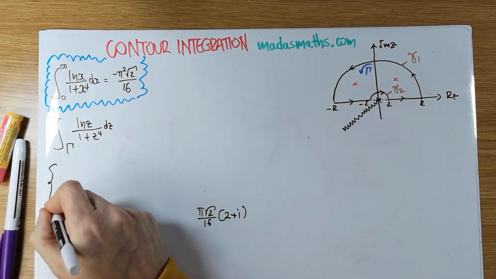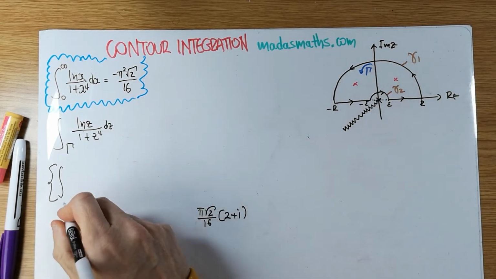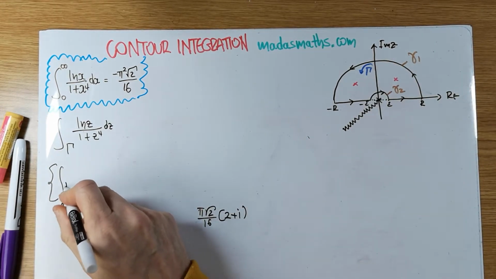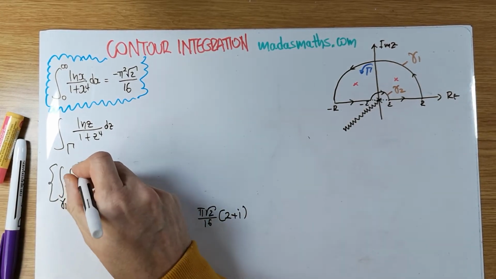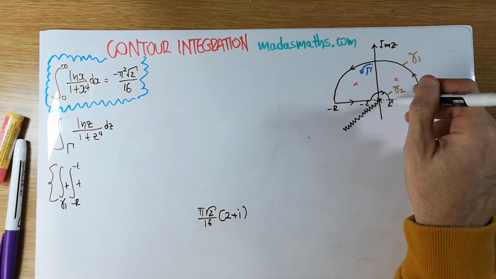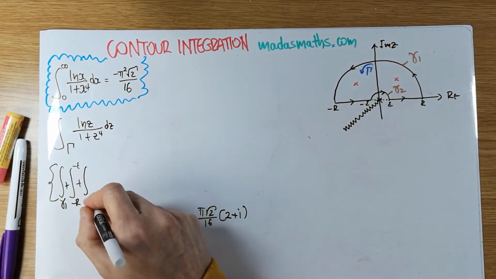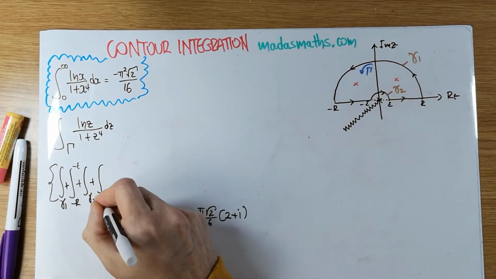So I'm going to put a curly bracket. Doesn't matter where we start, so we're going to go around gamma 1 first, plus minus r to minus epsilon, and then we have the arc around gamma 2, and then from epsilon to r.